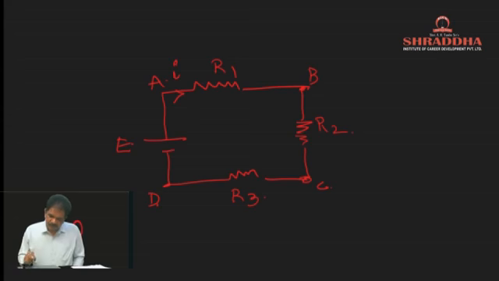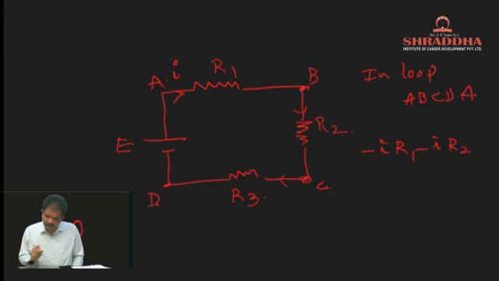So A to B in the loop A, B, C, D, A. A to B means we are moving in the direction of the current. So the drop across AB will be minus IR1. Here minus IR2. Here also current is going like this, and we are moving in the same direction. Minus IR3.